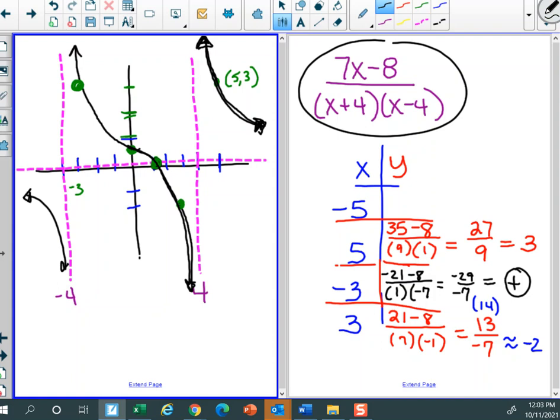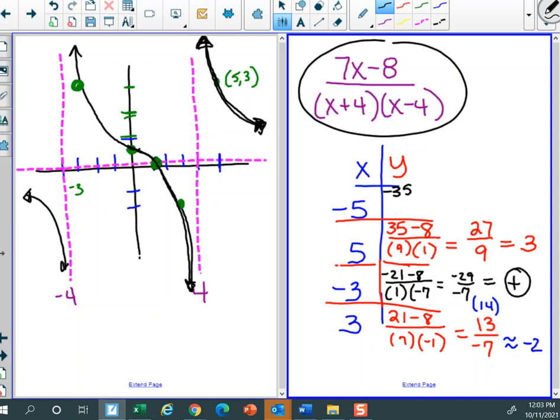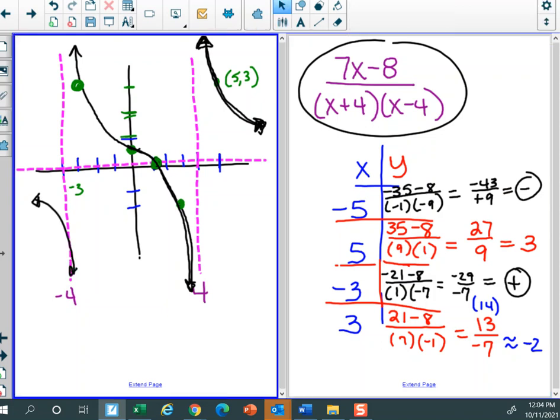Let's do the -5. -35 minus 8, over -1 and -9. So this is -43 over a +9, which is a big old negative number. So the guide point for this curve is definitely down here somewhere. And so we get that piece.